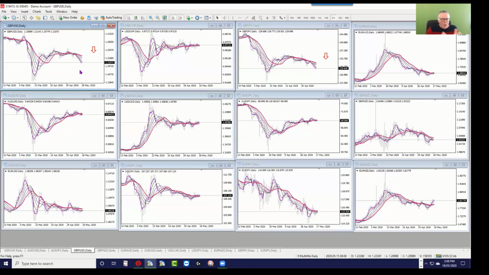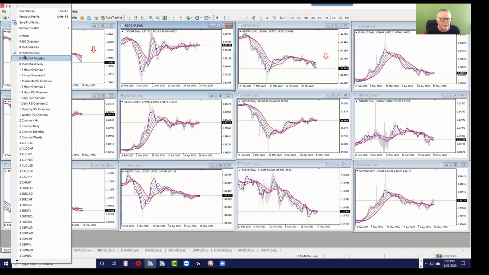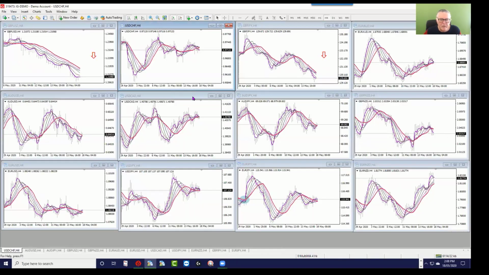Now, commonly what you would do when you see these kind of consolidations is you would straddle the market. I'll drill down to the 4-hour charts to talk about channel straddling. Just out of interest, what you would do is put your entries, something like that.